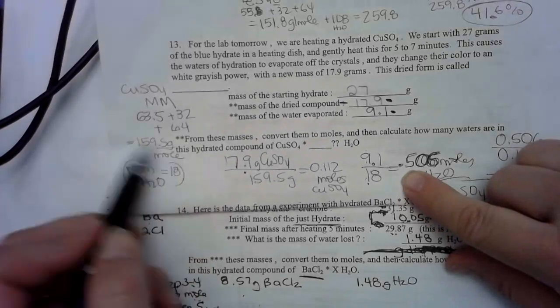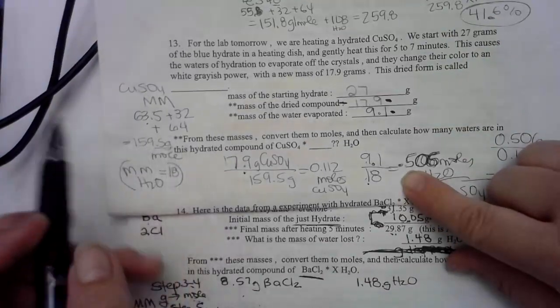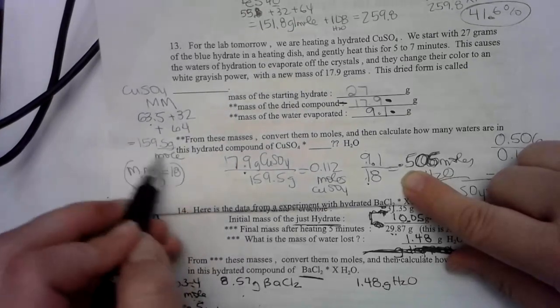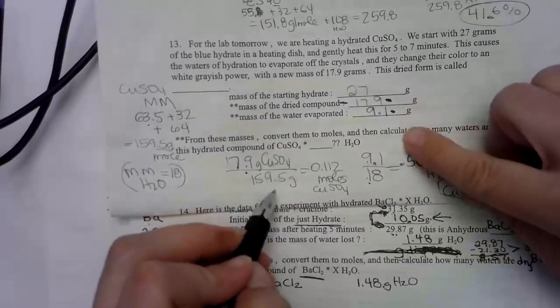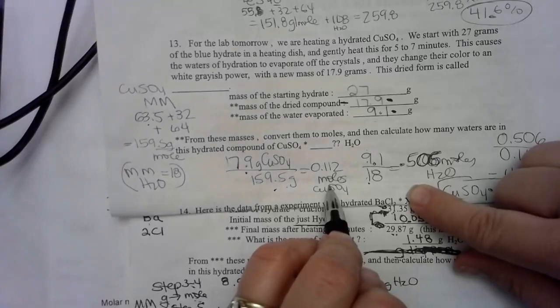Okay, and you're going to use the 159 like we use 63, 32, and 64. And we basically get it up to 159.5, 159.6, and take the 17.9 divided by 159.5 to get 0.112 moles.